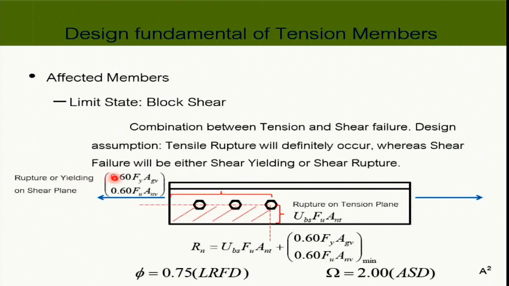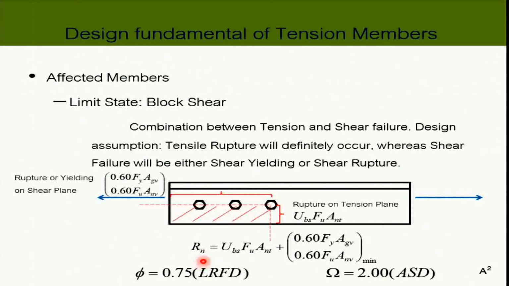We make a comparison and choose the smaller number between the two. Okay, so I can safely say now that the nominal strength of the block shear is equal to the tensile rupture on this side plus the minimum value between shear yielding and shear rupture on this shear plane. And that is a shear failure, block shear failure.